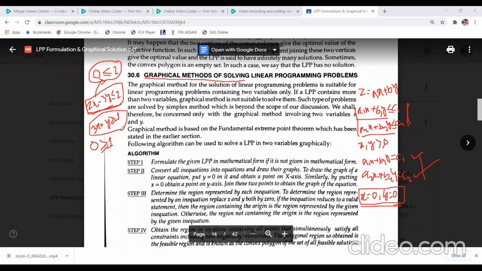Then from that common region, you find each corner point.